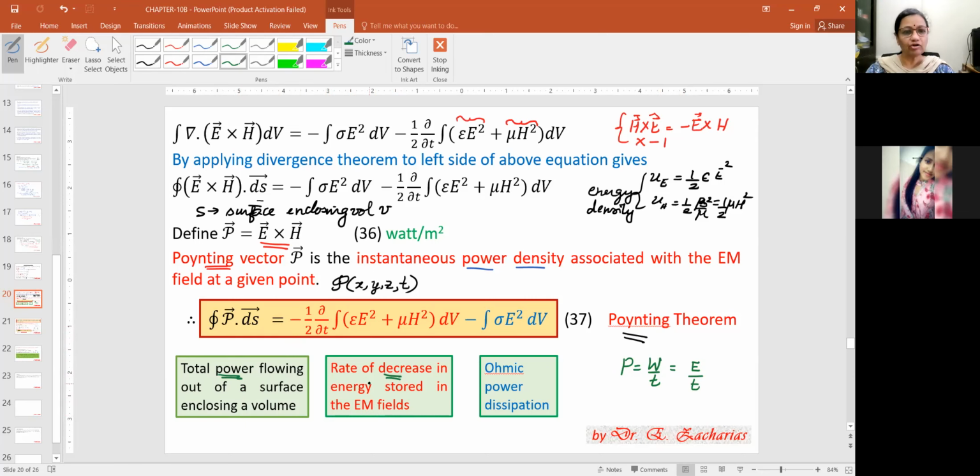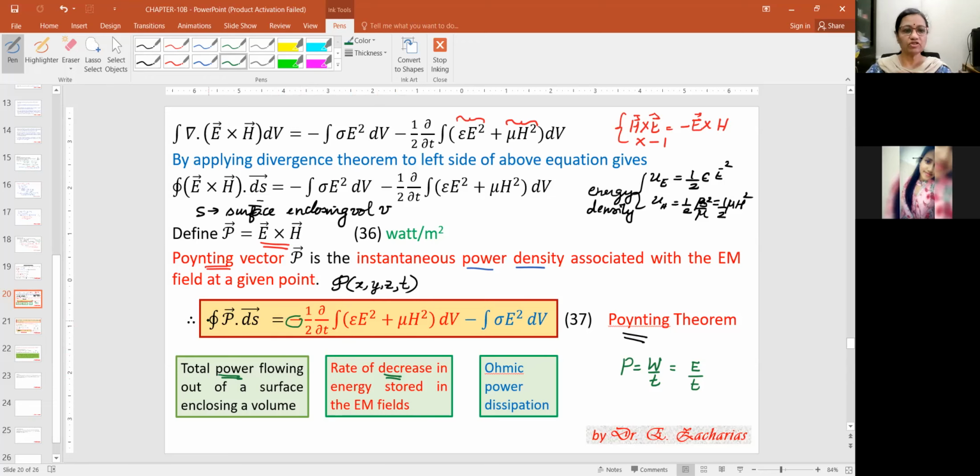Dou by dou t is the rate of change, and why do we say decrease? Decrease because of this minus sign. That means energy stored in the electromagnetic field is lost as a function of time, and energy loss as a function of time is power. And what is happening to that? It is coming out of the surface.